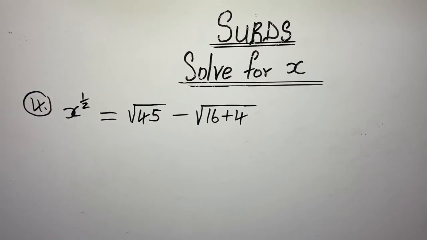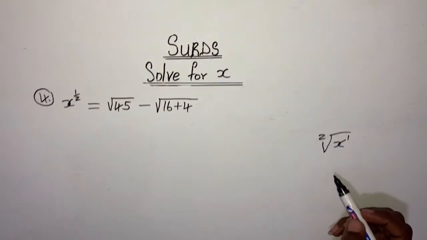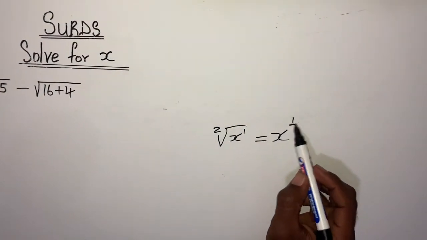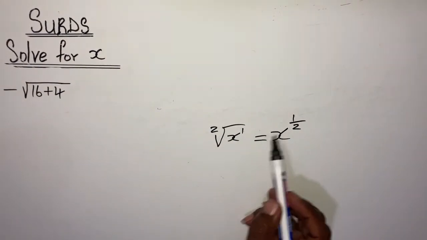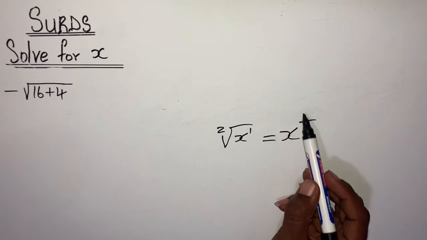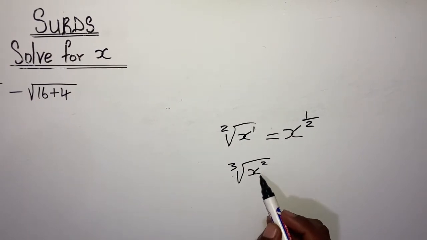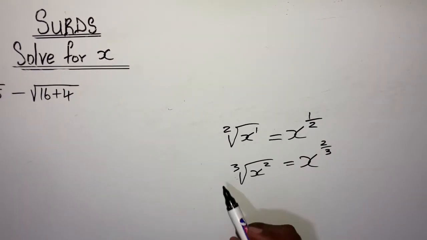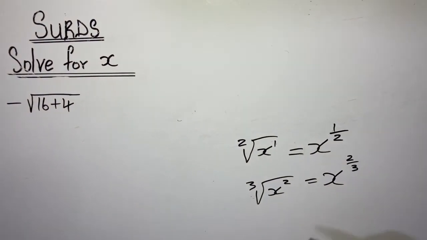So remember that a root of x is the same as x to the exponent 1 over 2, as much as a cube root of x squared is the same as x to the exponent 2 over 3.